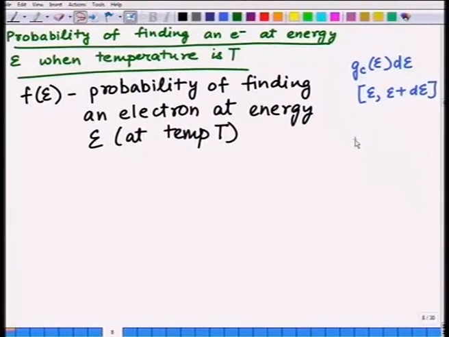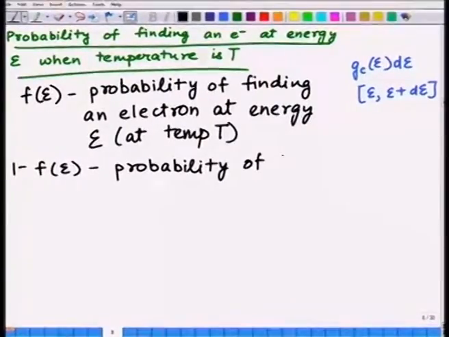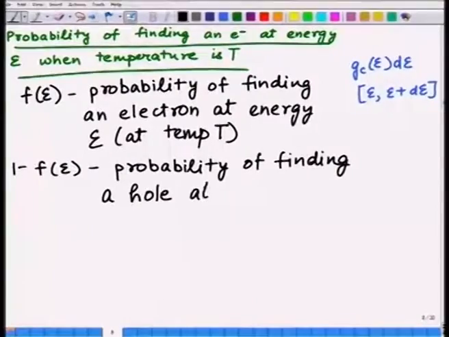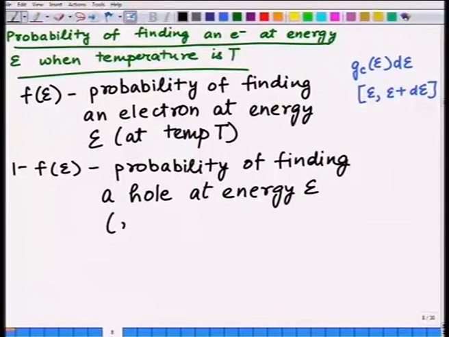All right. If so, then please also note that 1 minus F(E) is the probability where the electron is not. So 1 minus F(E) must be that probability.